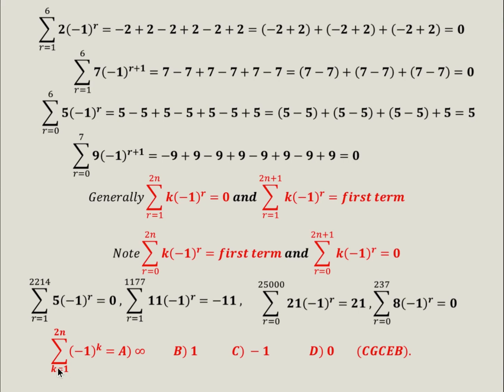Now, since the lower limit is 1, it means the upper limit gives directly the number of terms, because again the number of terms has to be 2n minus 1 and then plus 1. It gives 2n, and 2n being an even number, we can then have that the terms of this constant series would pair up and cancel out to give a sum of 0. Hence the right key is D.